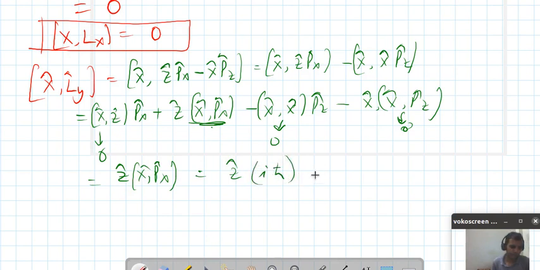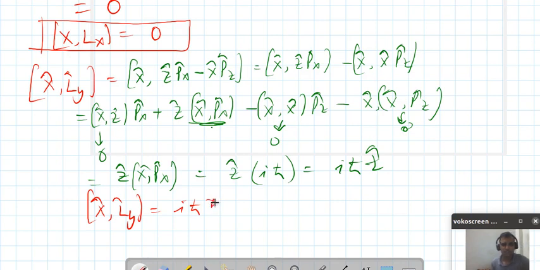So that can be written as iota h cross z. So if I sum up this result, the commutator of x with Ly is iota h cross z, right? So this is a very important result.